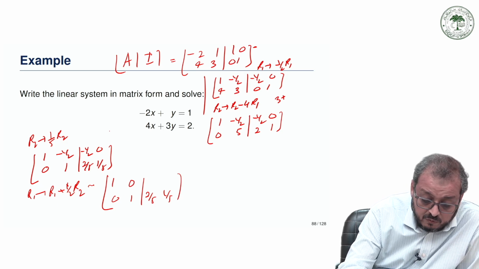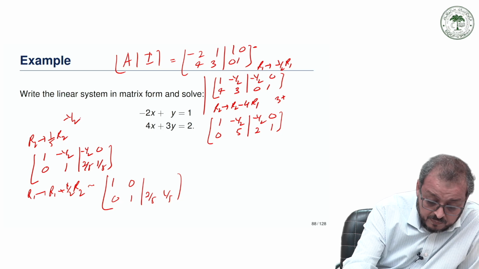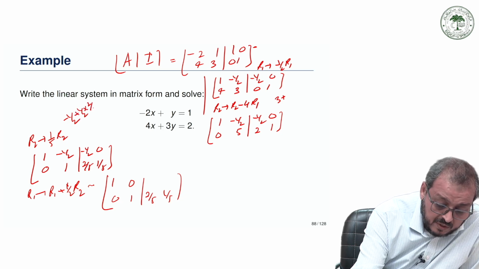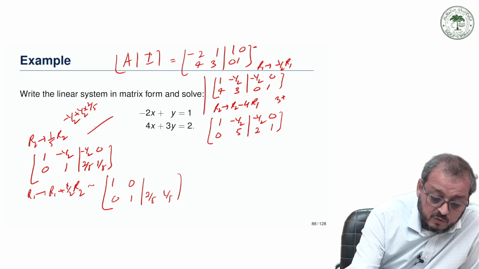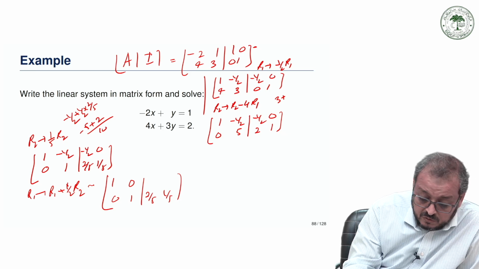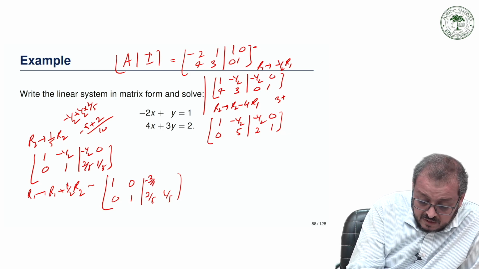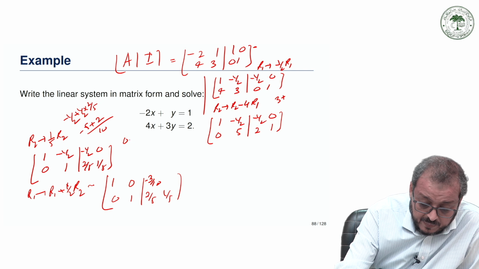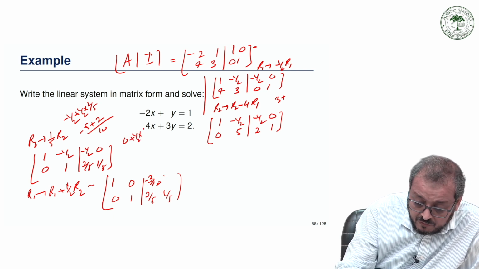Now we calculate: minus 1/2 plus 1/2 times 2/5, that is minus 5 plus 2 over 10, which is equal to minus 3/10, and then 0 plus 1/2 times 1/5, so we have 1/10.